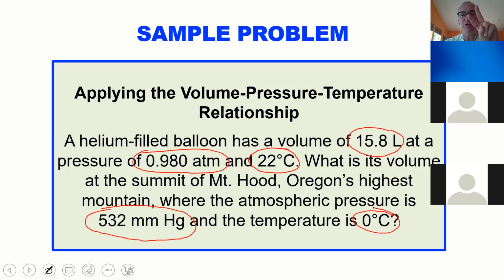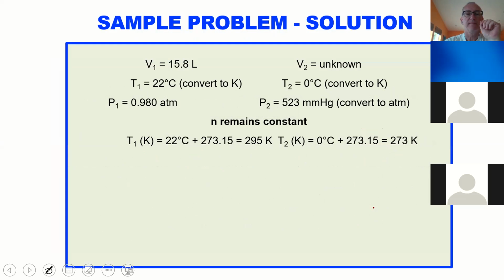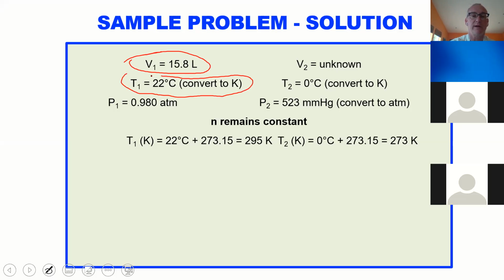So here, there are 2 things changing. You look at the volume at the beginning, which is 15.8 liters. We know what the temperature was at the beginning, 22 degrees, and we know what the pressure was. So at the top, the question is, what's V2?